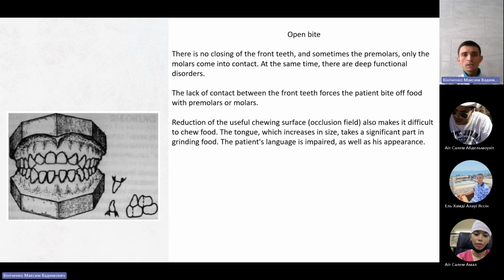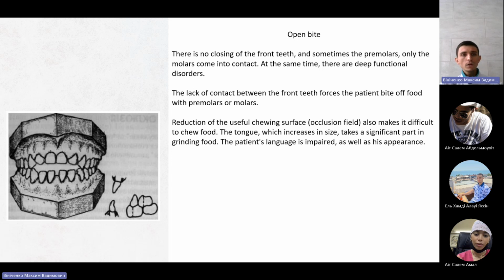It is the first type. We see that the disocclusion begins on the second molars. So here are the second molars, and there are the incisors. So we call this the first type open bite. And there is the second type of the open bite, when the disocclusion begins only in the area of the premolars.